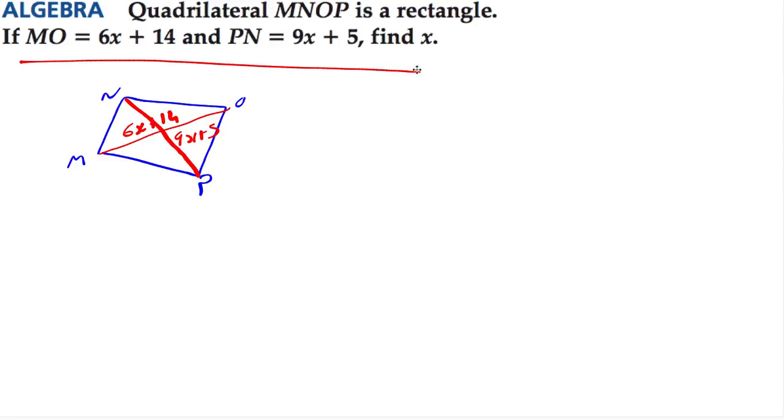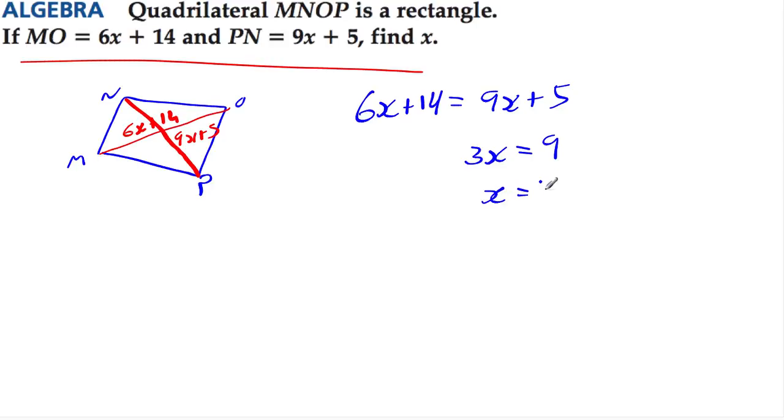These are diagonals. These aren't sides of the rectangle. So even if they gave you a picture, you need to realize, wait a minute, the diagonals for a rectangle are congruent. So I'm going to have 3x is equal to 9, so x is equal to 3.